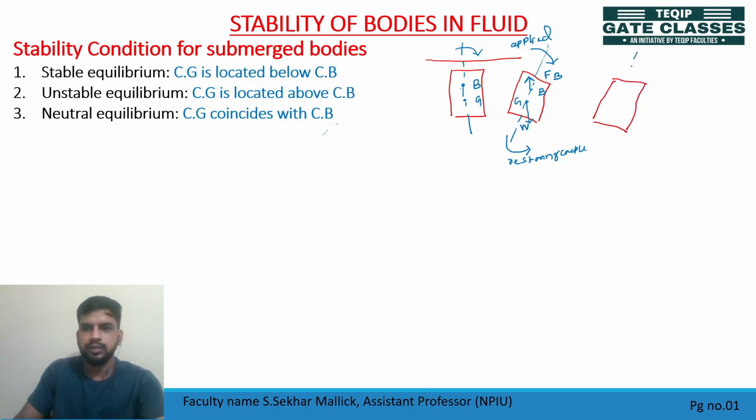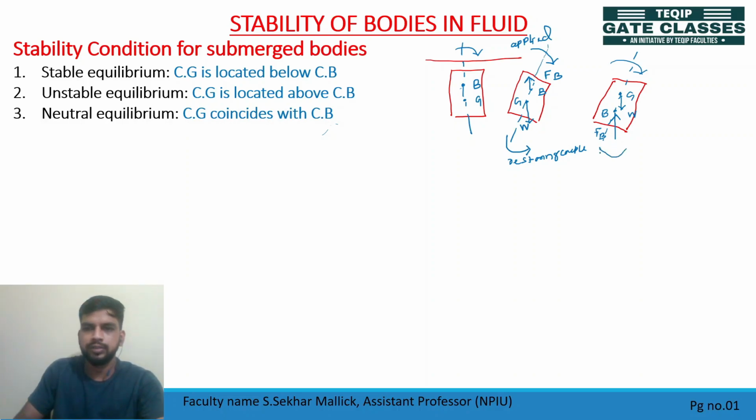This is the axis of the body, and for unstable equilibrium the center of buoyancy is below the center of gravity. That means the buoyant force acts in this direction and the weight acts in this direction. If I apply torque here, what would be the direction of the couple because of the buoyant force and weight?